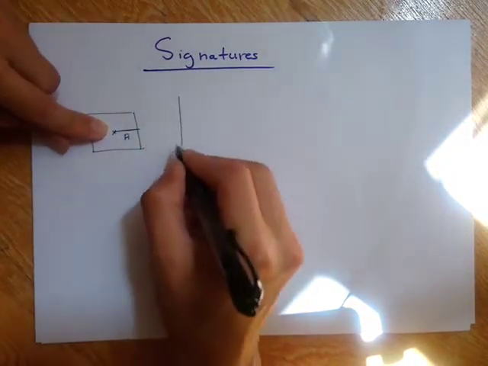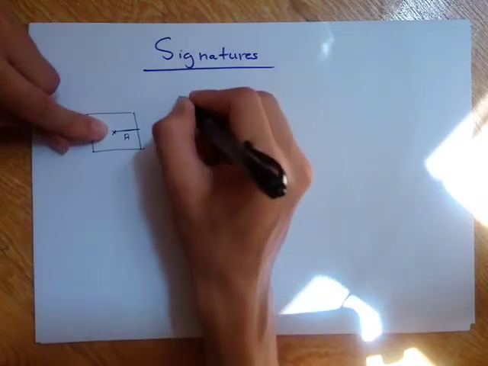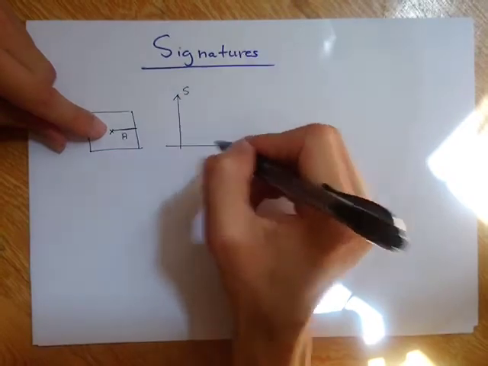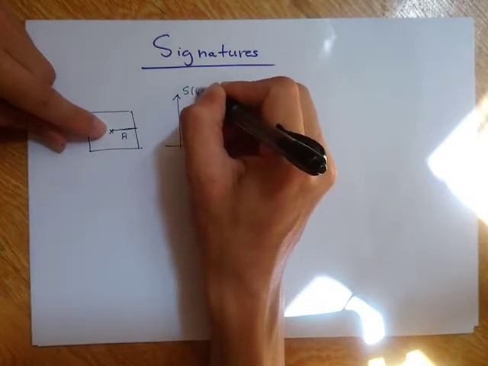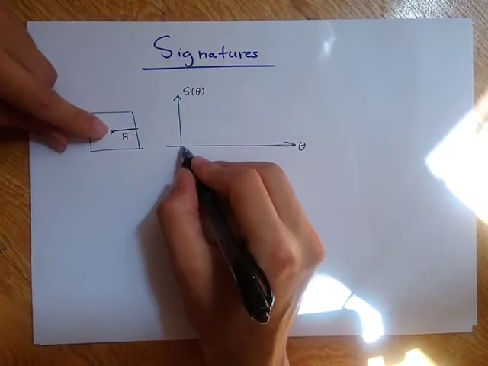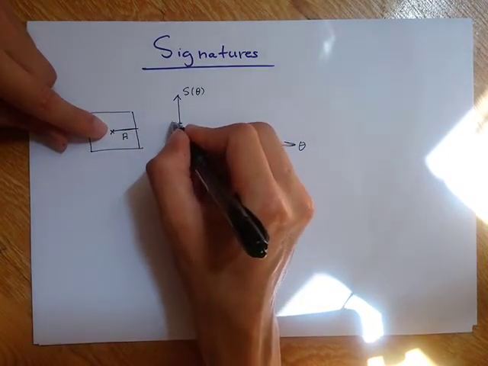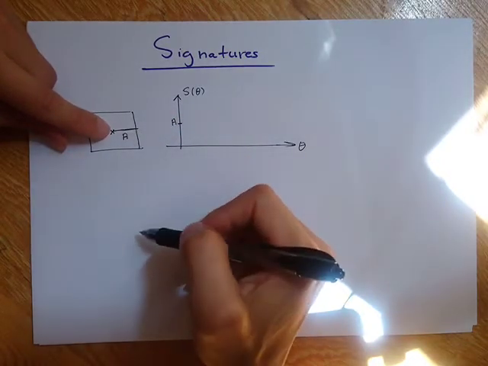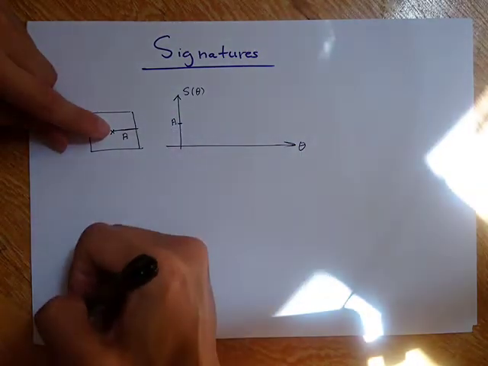So what I do is that I plot a one-dimensional function, and this is my signature, and this would depend upon the angles. This is the angle, and the first point here is A. So what I do is that I rotate that line by 1 degree, and then I plot again the amplitude.